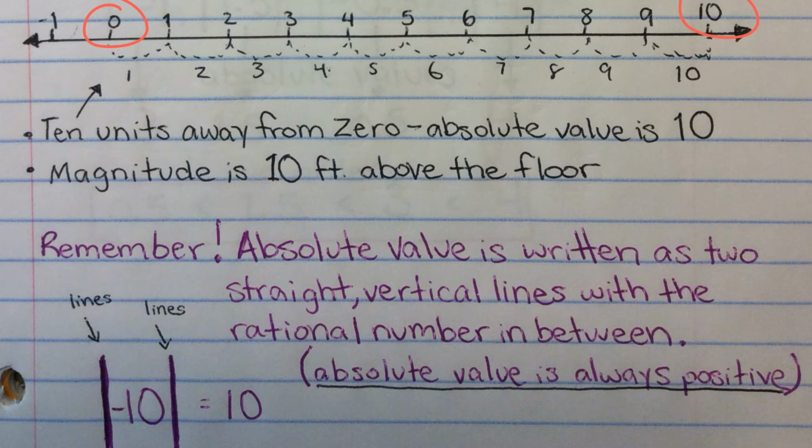But I want you to take a look at this remember section now, as it's very important. Absolute value is written as two straight vertical lines with the rational number between them. So let's take a look at negative 10, for example.